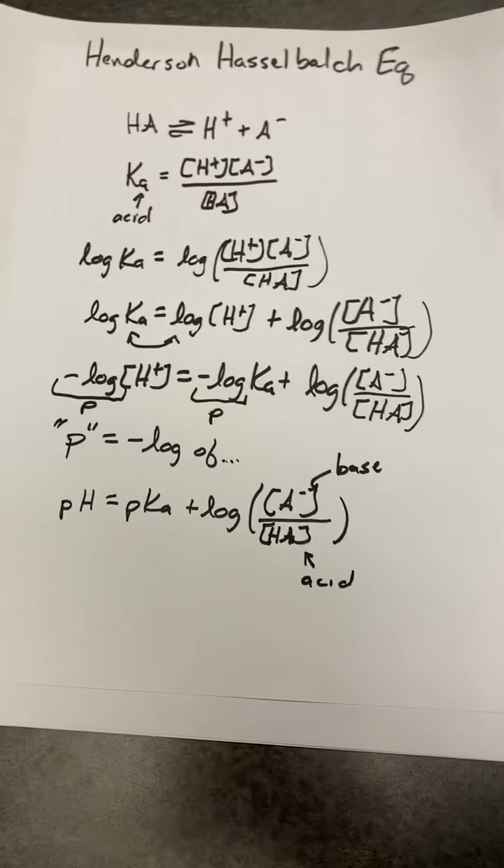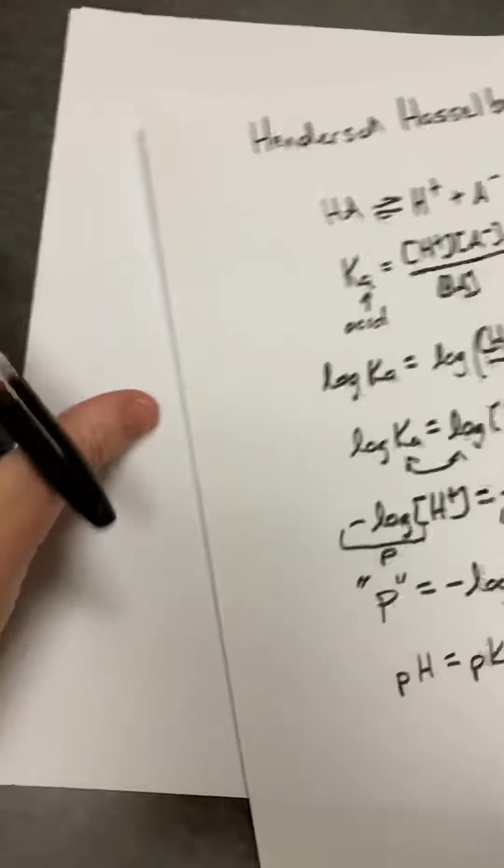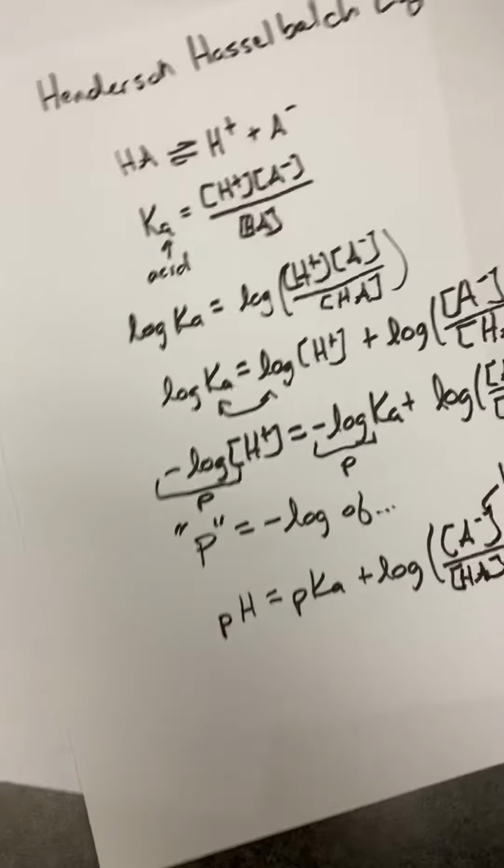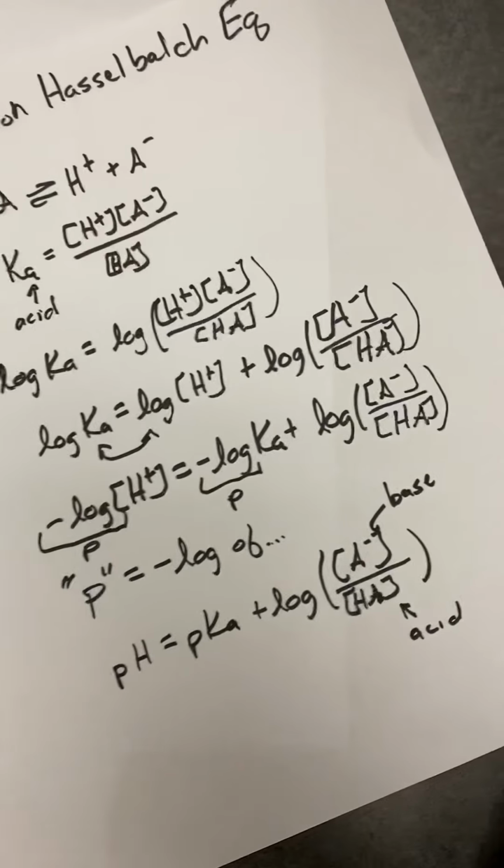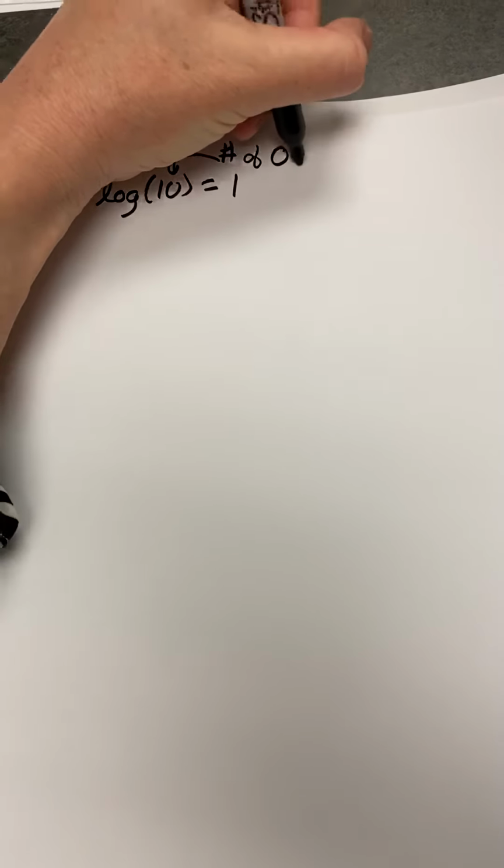Why we even use this equation actually makes things really, really easy to figure out. So it's helpful to understand logs. If we have something like log of 10, log of 10 equals 1. Essentially, it's the number of zeros after the 1.